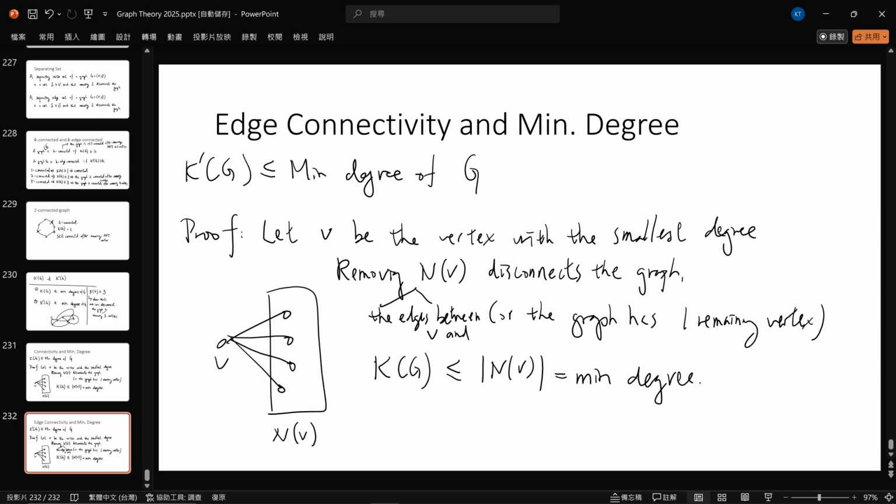Okay. And since we do not remove any vertex, we don't have to consider a case where it only has one remaining vertex. Okay.